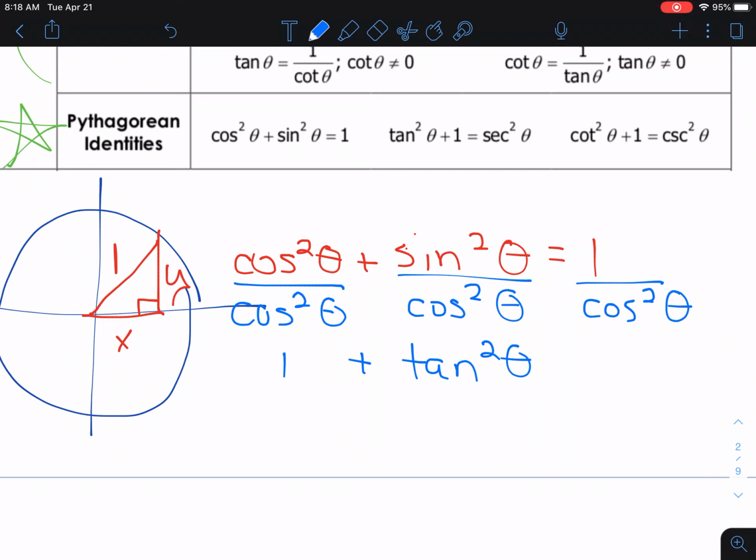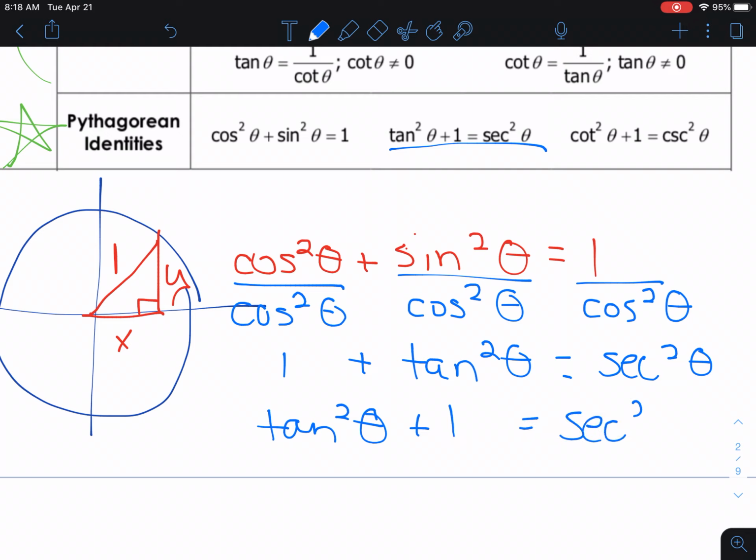And we also know that 1 over cosine is secant, so 1 over cosine squared theta would be secant squared theta. Okay, so now I really have this second one. I just have to rearrange the tangent, it doesn't really matter here, but just for consistency's sake. And that's how the second one is derived.